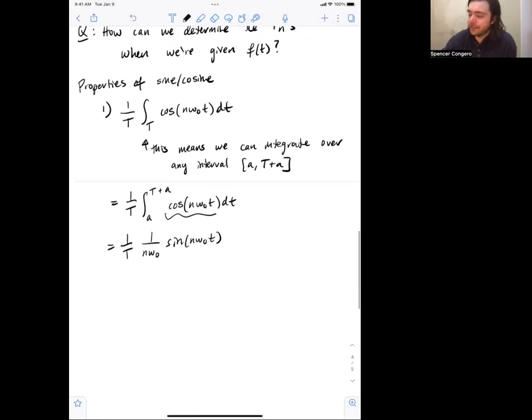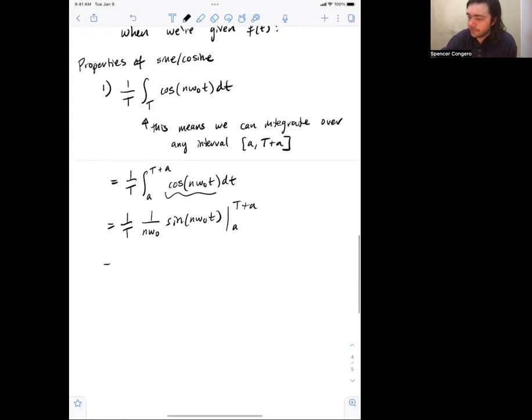Okay, hopefully this is clear. And we're integrating from a to T plus a. Okay, so what am I going to get? I'm going to get 1 over n omega naught T. Okay, and then I'm going to take this function and plug in the top limit. So I get sine of n omega naught (T plus a) minus sine of n omega naught a.